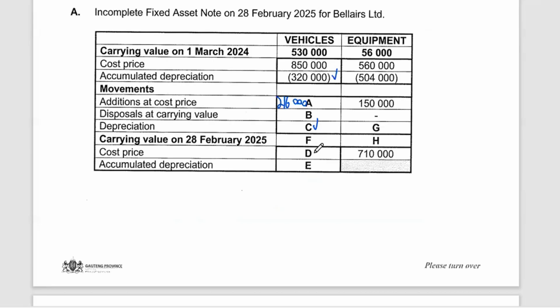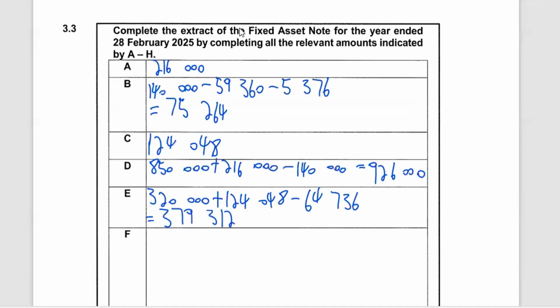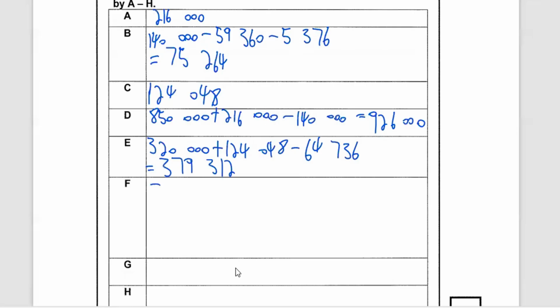We're going to say our cost price, which is our amount in D. So now our cost price, it's 926,000. So we have 926,000 minus our accumulated depreciation, which is 379,312. Then we get the carrying value at the end, which is 546,688.